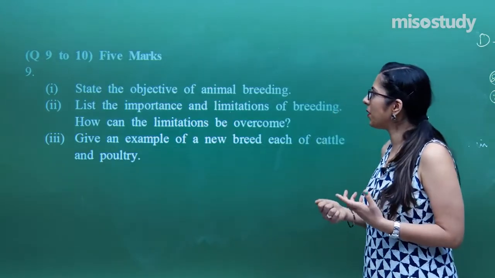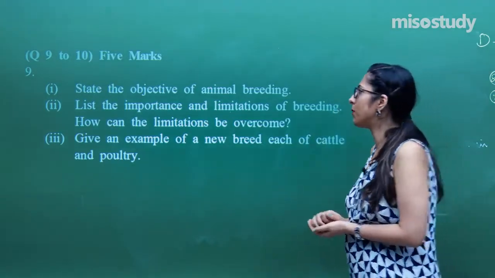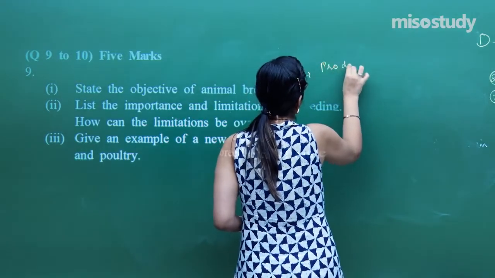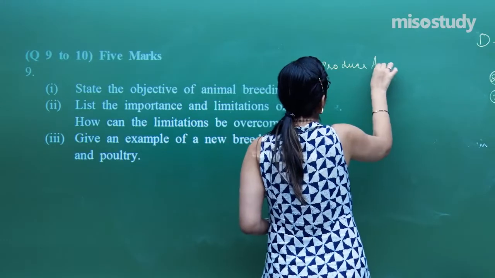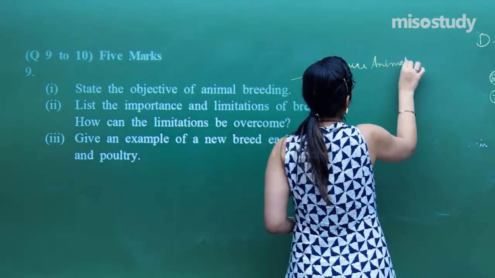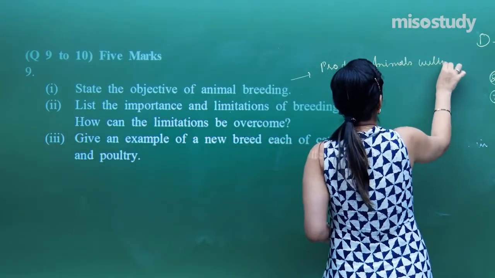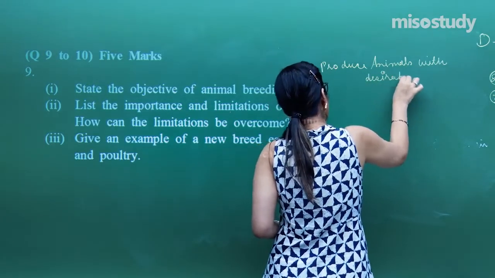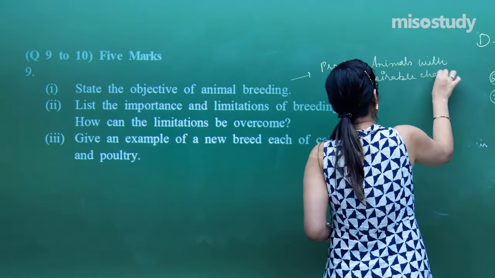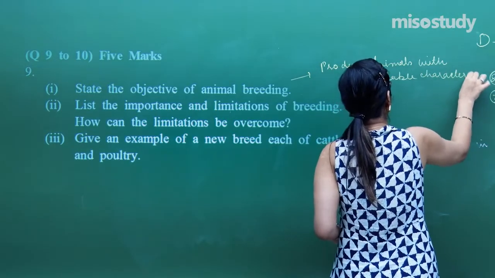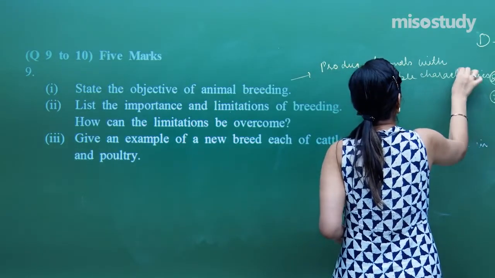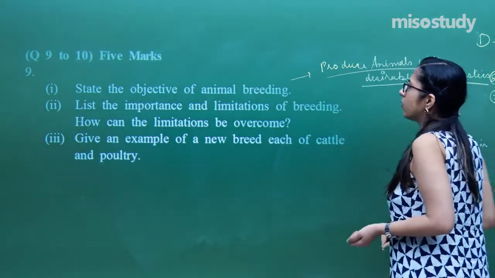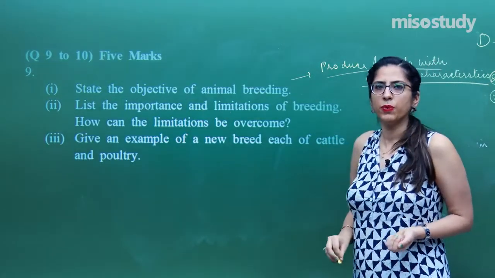So the objective is to produce animals with desirable characteristics. This is called animal breeding.